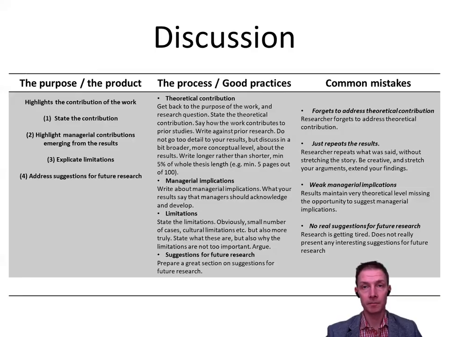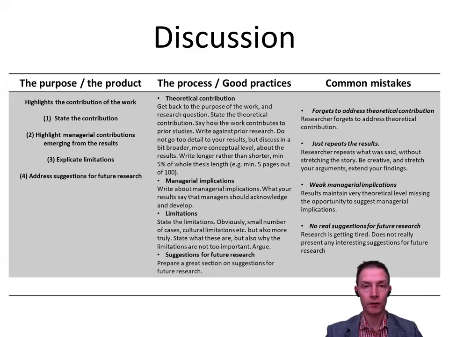The common mistakes at this point are that you forget to address the theoretical contribution. You just repeat the findings again, and the whole chapter becomes about the findings. You make weak, empty managerial suggestions, a few empty managerial statements, and then you don't make any real suggestions for future research.